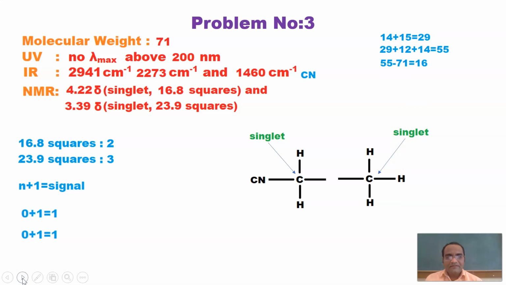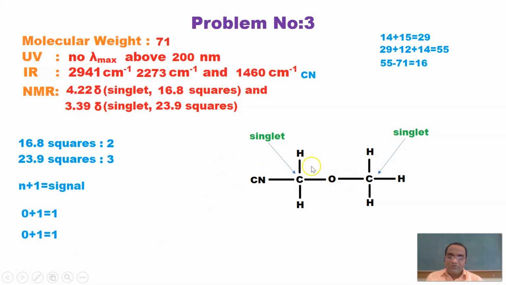And after that, the remaining molecular weight is 16. From the NMR value, we understand that it is 4.22, so it means that it is having oxygen in between, because the molecular weight remaining is only 16, so that is why we will put an oxygen and see the structure.